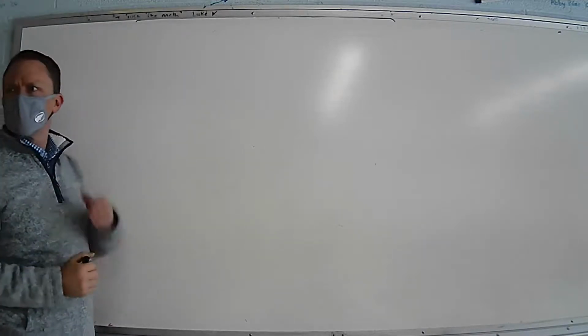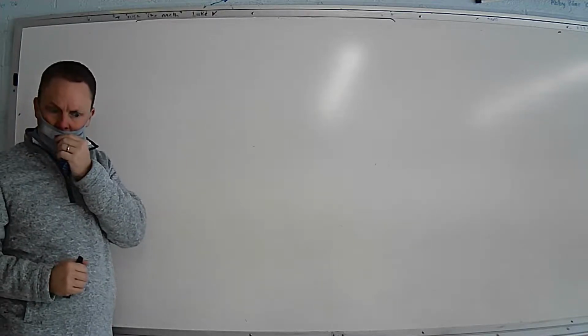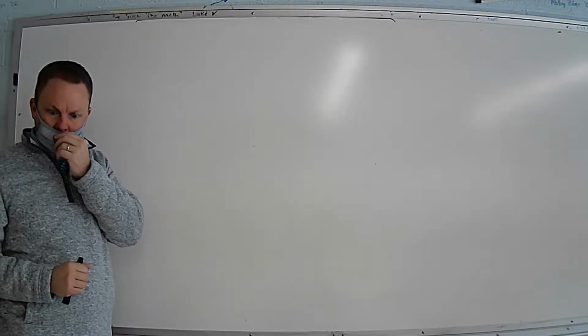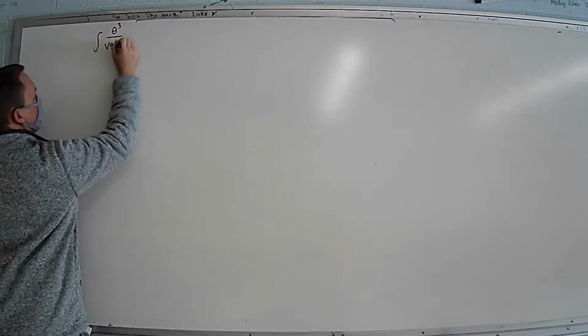Seems like that's out of order. Unless I just wrote it down wrong, but theta cubed d theta over the square root of 9 minus theta squared. Seriously, theta cubed over square root of what? 9 minus theta squared? Yeah.